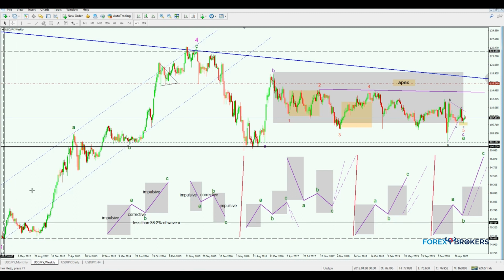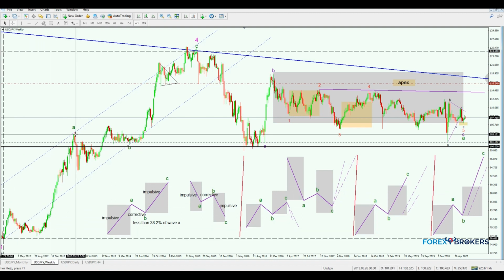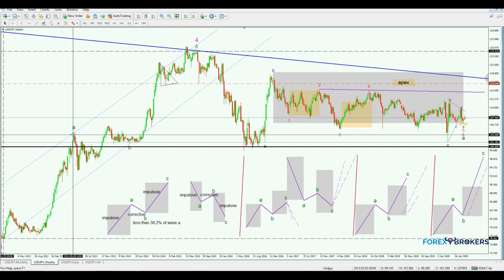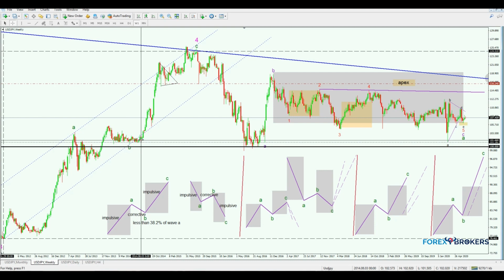Now the market reacted with what? With a strong move higher, followed by a retracement here that you can see failed to go more than 61.8, 50%, and then another move higher.